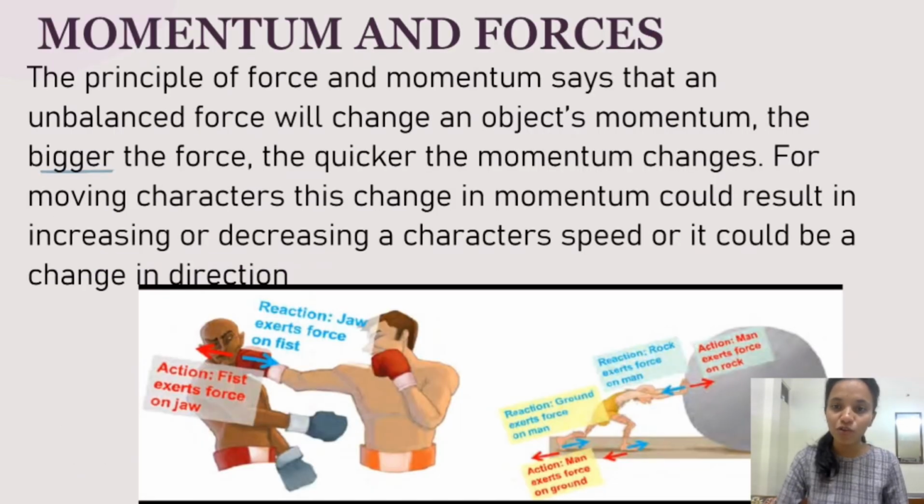Forces. The principle of force and momentum says that an unbalanced force will change an object's momentum. The bigger the force, the quicker the momentum changes. For moving characters, this change in momentum could result in increasing or decreasing a character's speed, or it could be a change in direction.